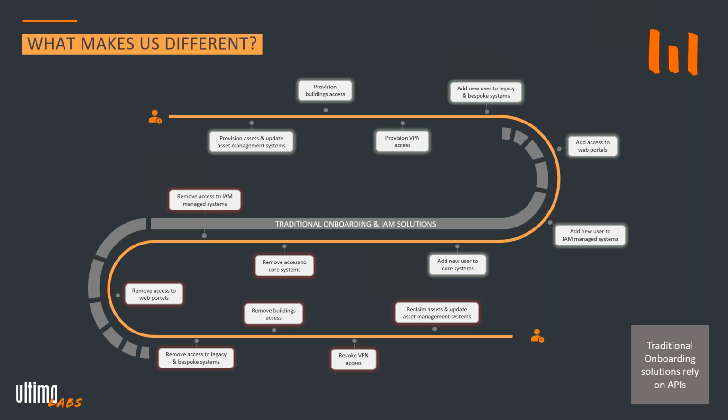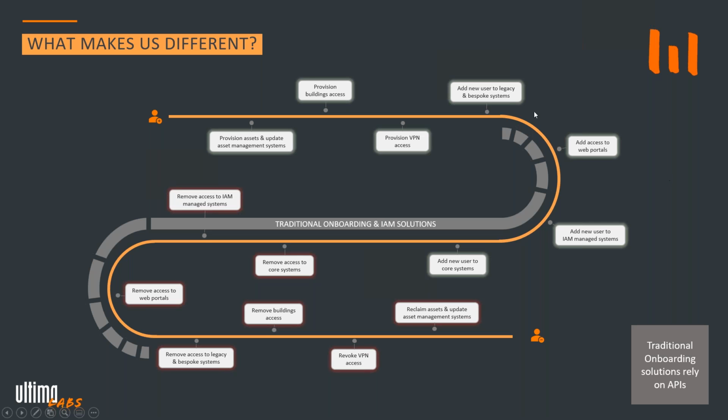Through this journey that I've got here, as a joiner comes in, you're probably going to be provisioning them assets and updating your asset management systems. You're going to be giving them access to your buildings, your locations. You're probably going to be provisioning them VPN access. You're going to be adding them to legacy and your bespoke systems. And those bits sit outside where we've seen traditional identity access management systems be able to assist you with this.